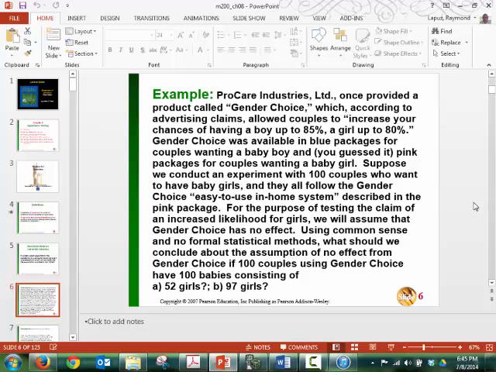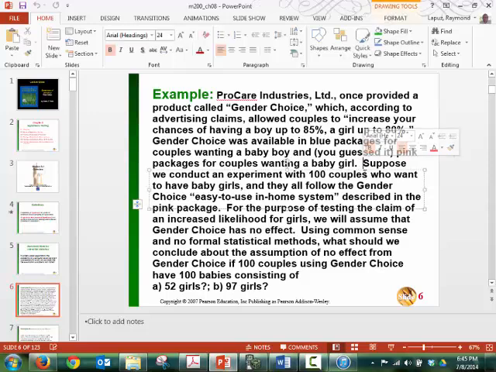And so let me start with this suppose statement over here. Suppose we conduct an experiment with 100 couples, just to make it easy, and this is a good way to picture it, who want to have girls. All these 100 couples want to have girls, and they go through the Gender Choice easy-to-use in-home system described in a pink package.